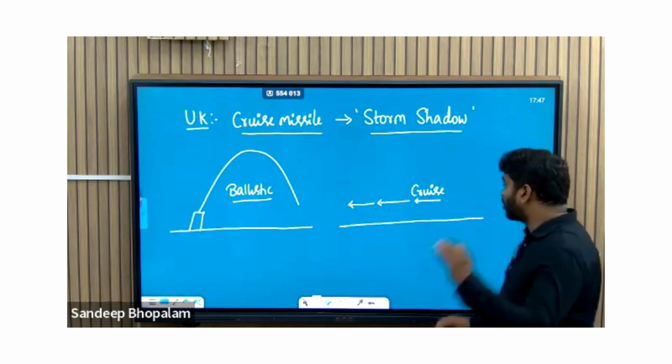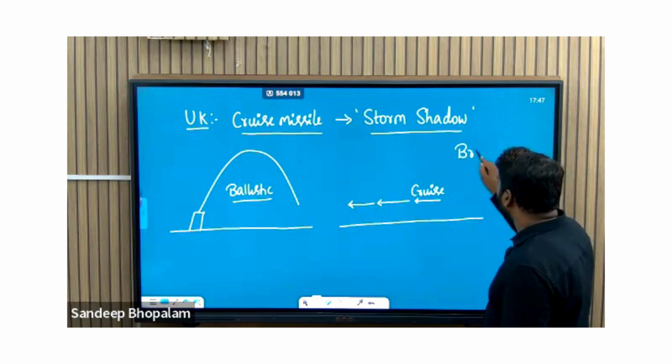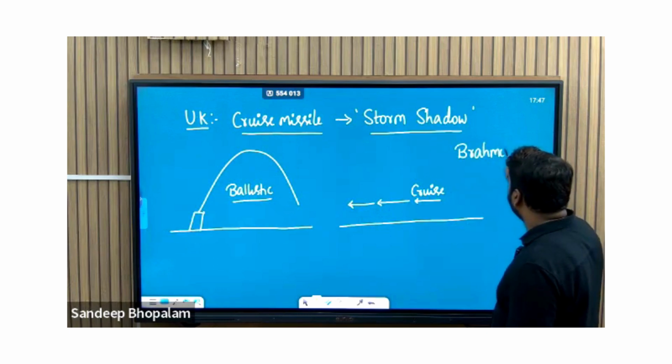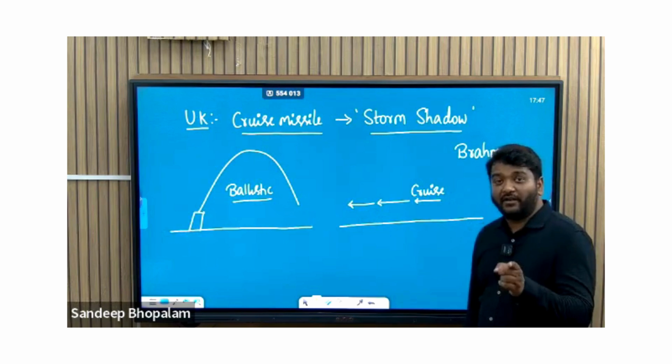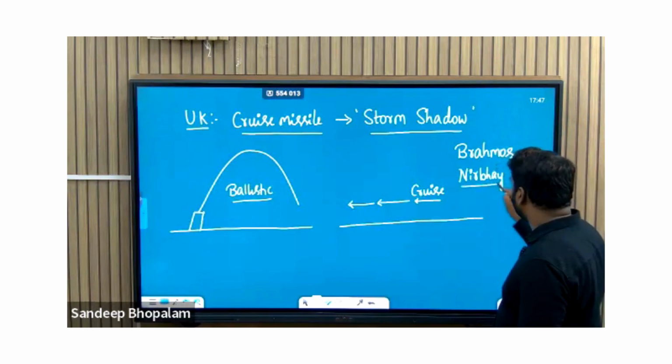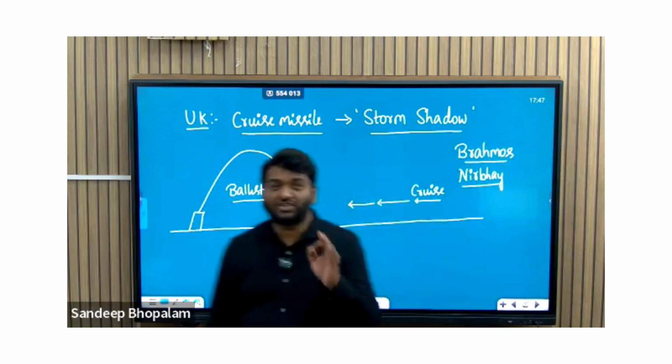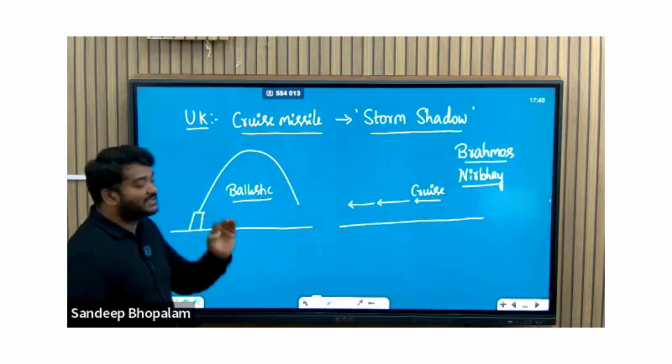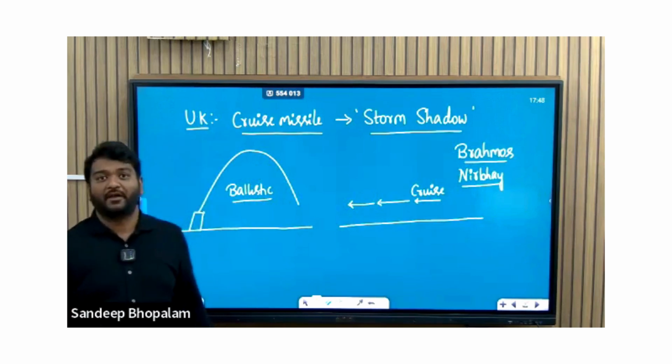Okay? India's cruise missile is BrahMos. Then, India is developing its own indigenous cruise missile called Nirbhay.